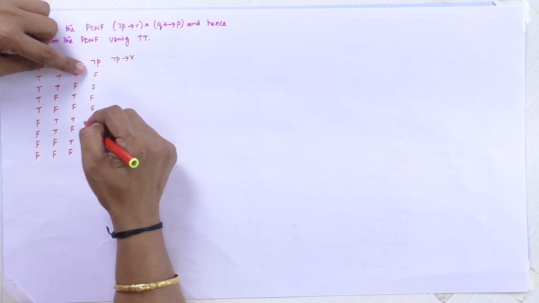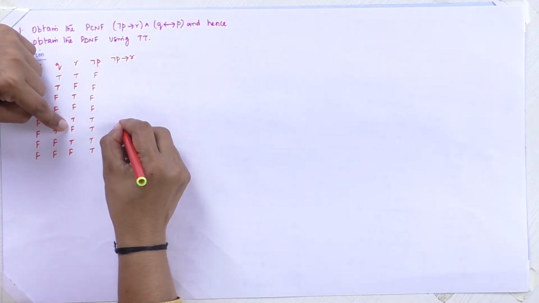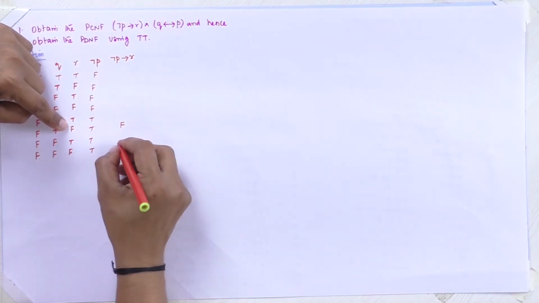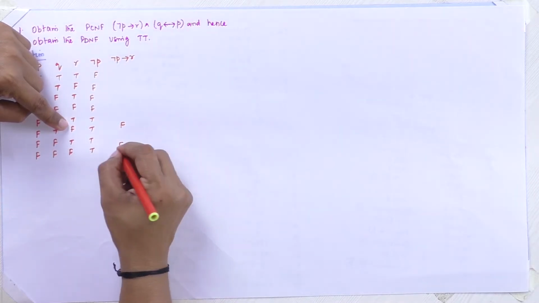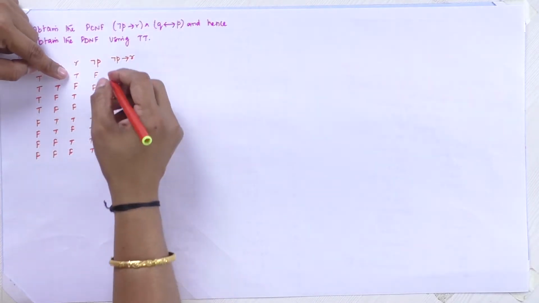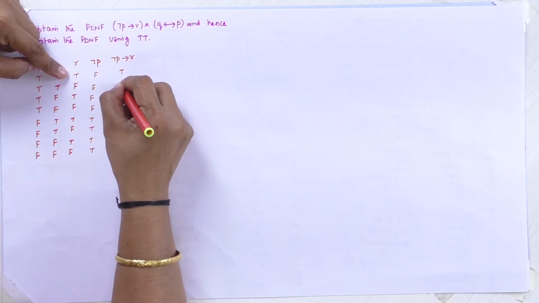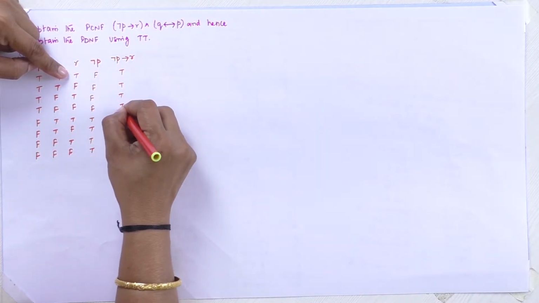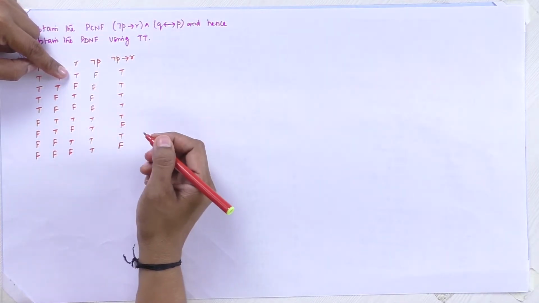So TF, here I will have it to be F. And here TF again is F. Understood? Elsewhere I will have only T: T, T, T, T, T and T.